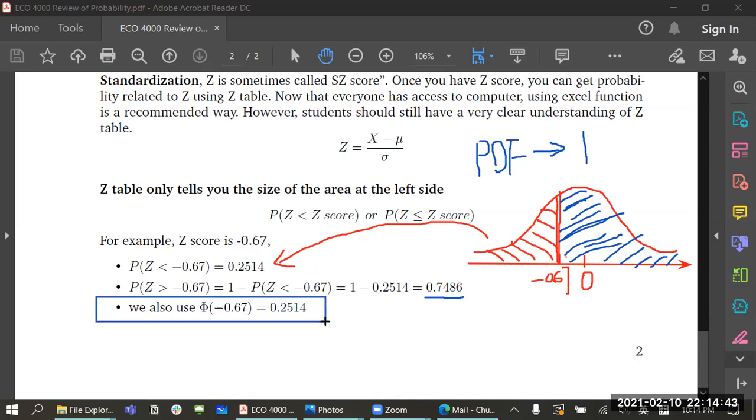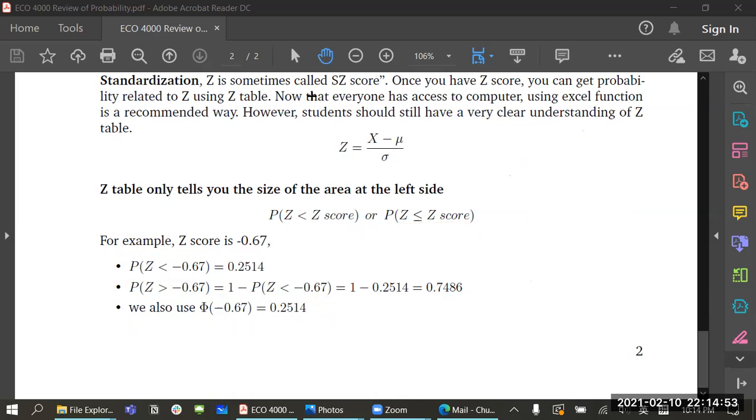We also use phi to represent this left area. Let me say it again. We also use phi to represent this left area. Whenever I say phi, it's the left area. It's z smaller than something. So phi 1 means z smaller than 1.